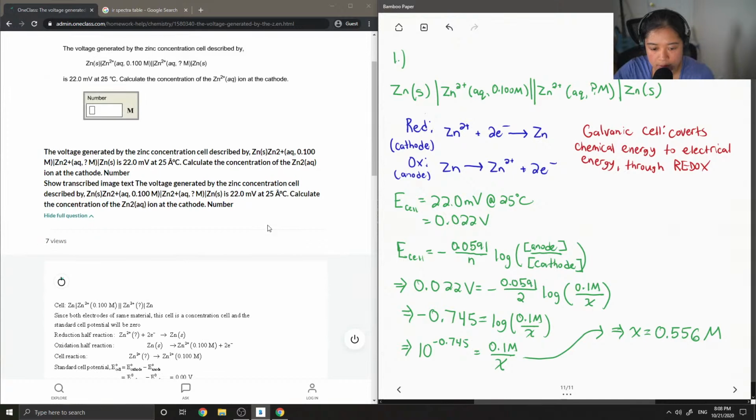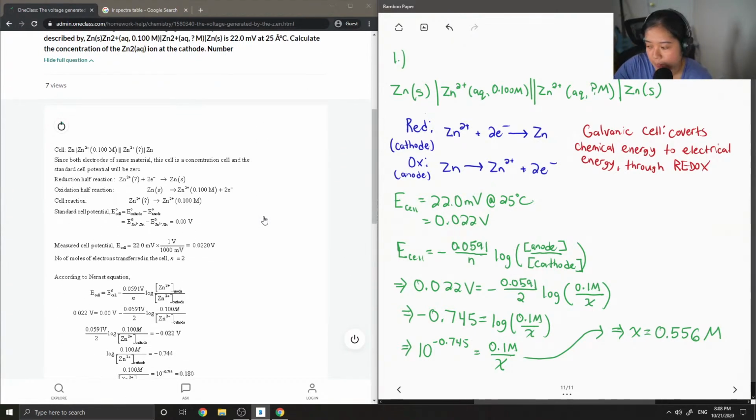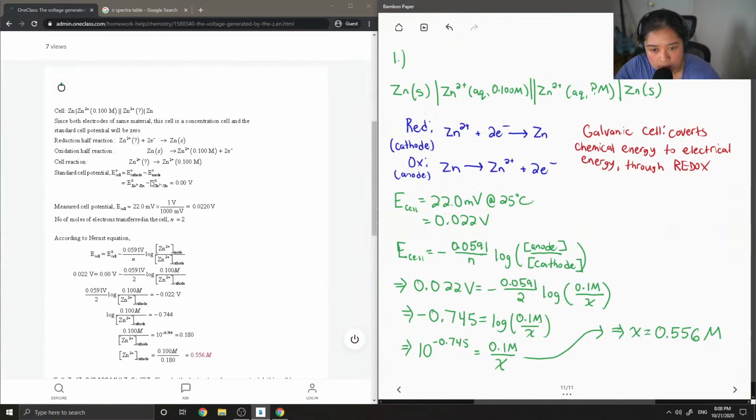Let's look at the answer from our junior tutor. Since both electrodes are of the same material, this cell is a concentration cell and the standard cell potential will be 0. Yeah, right. So then the reduction half reaction is zinc 2 plus plus 2 electrons makes zinc solid.